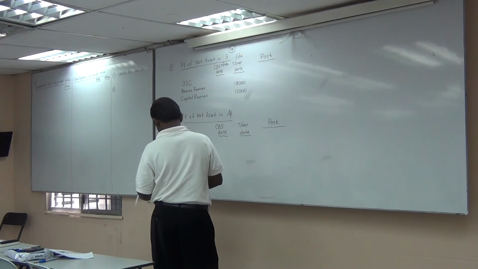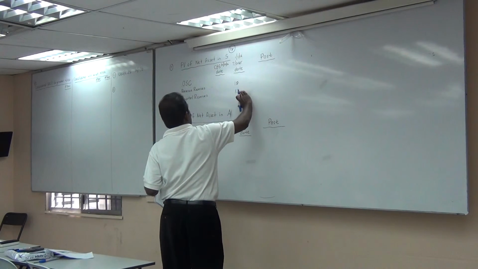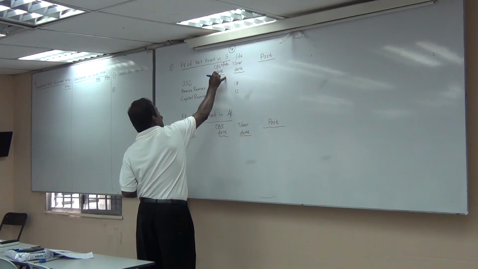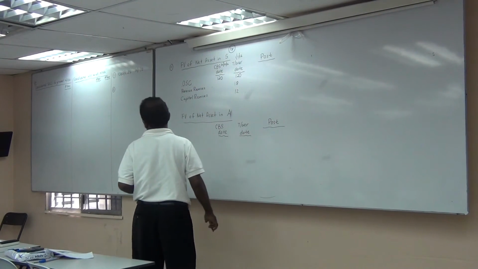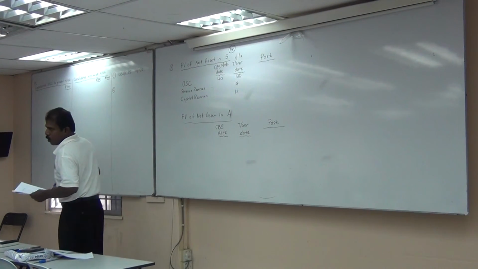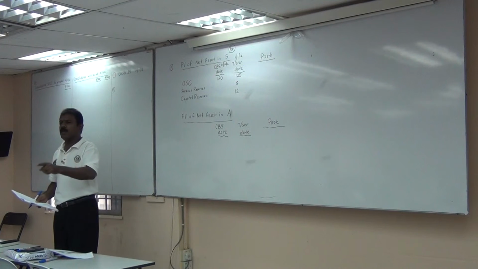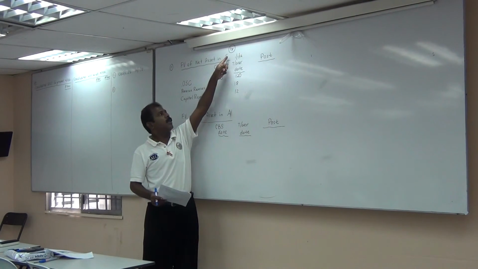I put 18 because all the figures are in thousands, easier. So OSC is how much? 120. You know where you get the 120 or not? Subsidiary ordinary share capital.